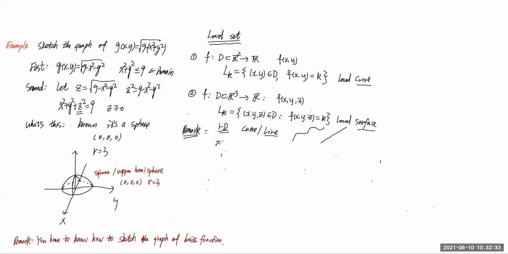And for 2D, in general, a surface, we call it 2D, or 2 variables. If we have 2 independent variables, we call it a 2D surface. Or in 3D, it has no special name, it's just something in R3, right?